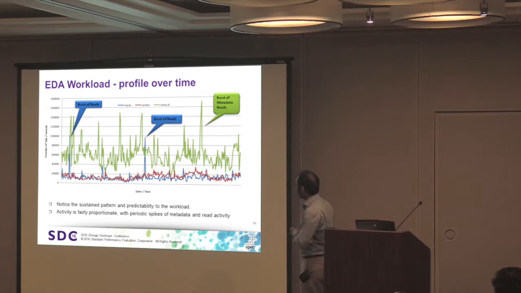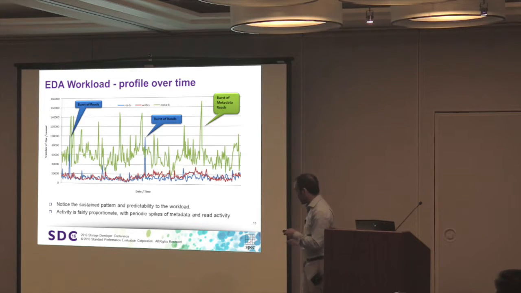You can certainly see there are bursts of reads and bursts of writes, or bursts of metadata at least. There are certain bursts of writes, but in the scale of NFS ops, you can't really see it. And those bursts are actually important because that will skew the overall normalized profile that we formulate.